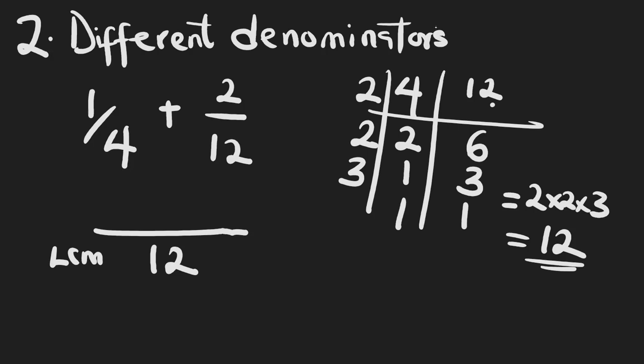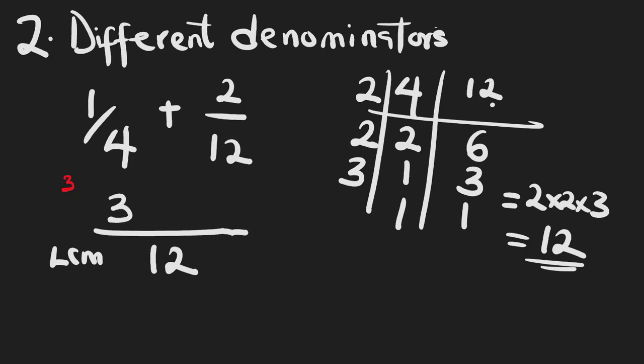All right. So we said this 12 divided by this 4. That's the first thing we'll do. 12 divided by 4 is going to give us 3. Keep the 3 here. Then we said this 3 times the numerator 1. 3 times 1 is 3. So we're going to write 3 there.